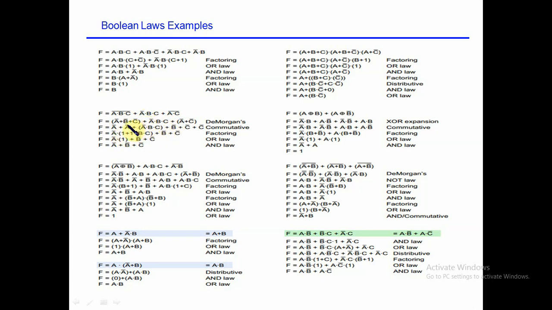After that, we take A bar plus A bar as it is, and here we use the commutative law, and after that we use the identity law and factoring, and we got the reduced equation. Check the equations, and we gave the solution here step by step, showing which law is used.